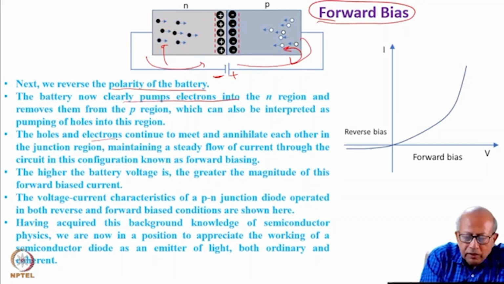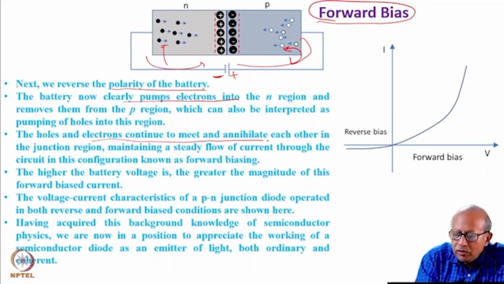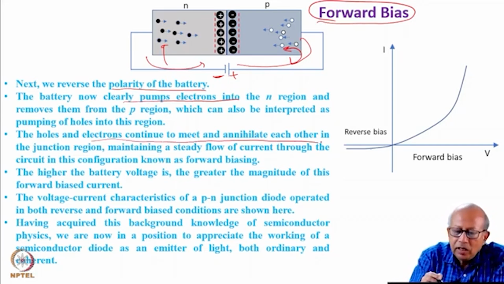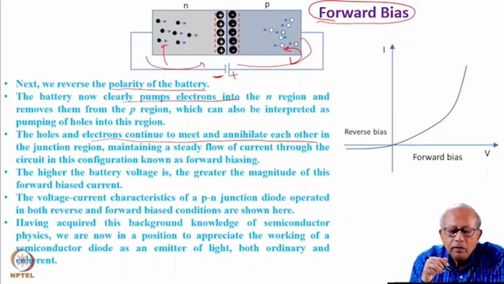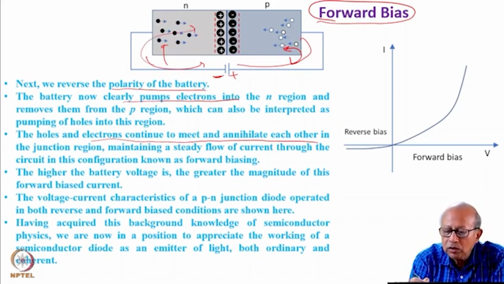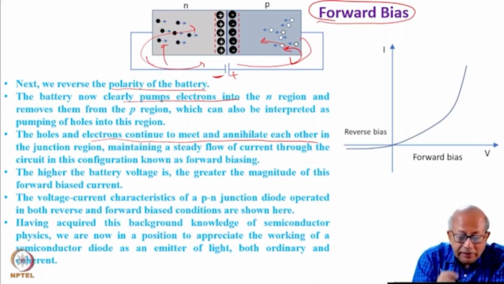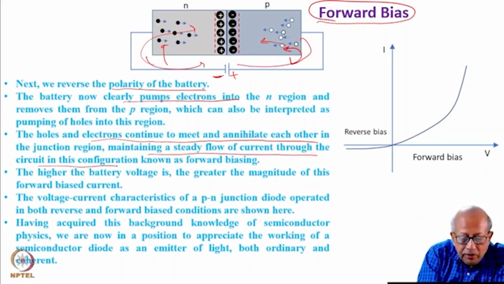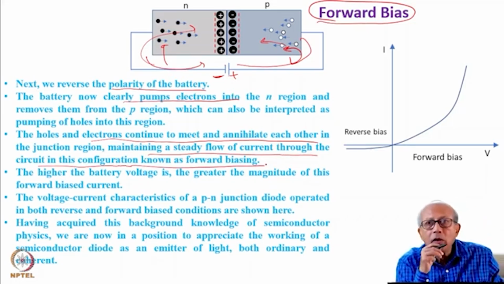These holes and electrons continue to meet and annihilate each other in the junction region. So these electrons which have been pumped in this region and holes in this region will continue to flow and annihilate at the junction, maintaining a steady flow of current through the circuit in this configuration known as forward biasing.